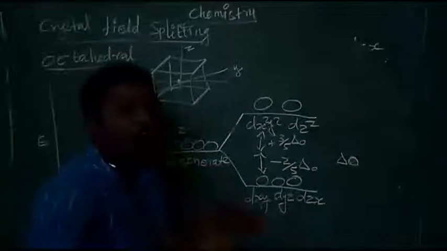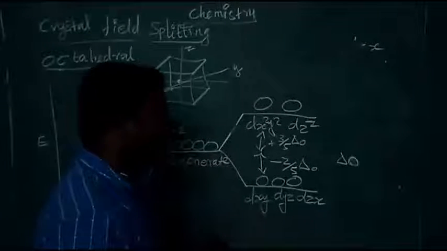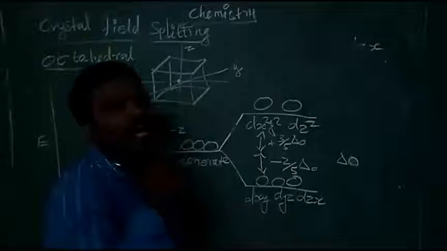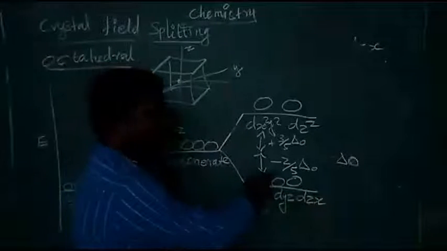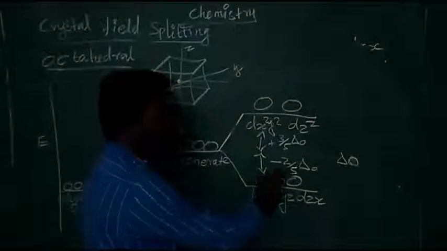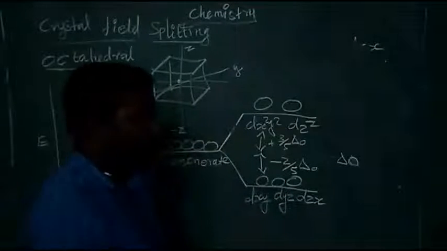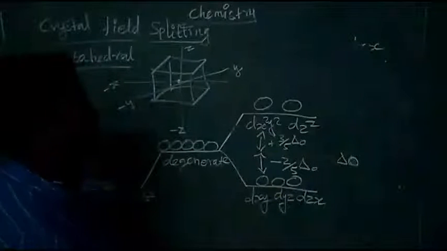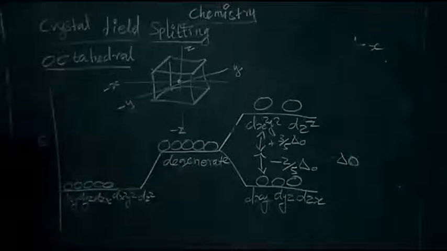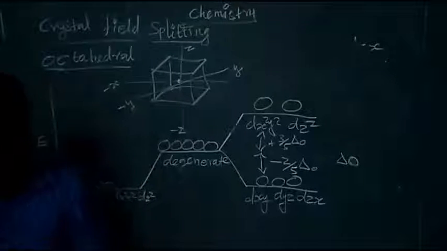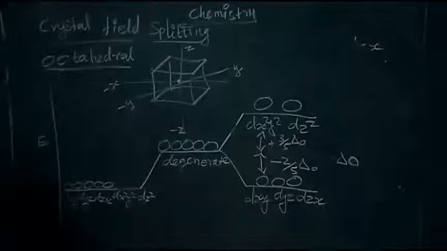To balance the average energy level, what will happen? The remaining 3 will decrease from the average energy level. How much is the energy decreased? Minus 2 divided by 5 delta naught. So this delta naught is nothing but the average energy level of the octahedral field. So this is the crystal field splitting of the octahedral field.